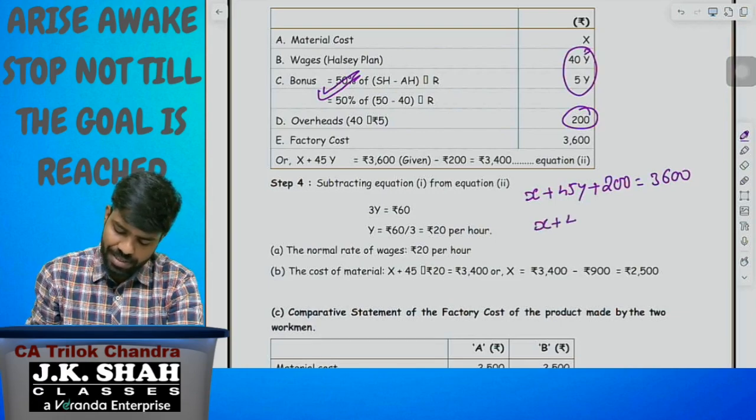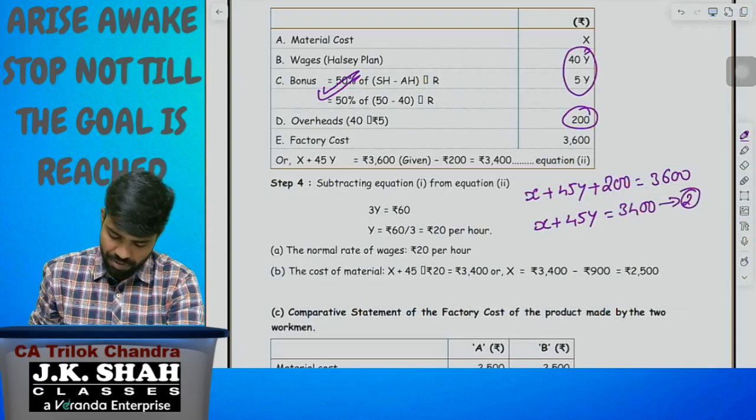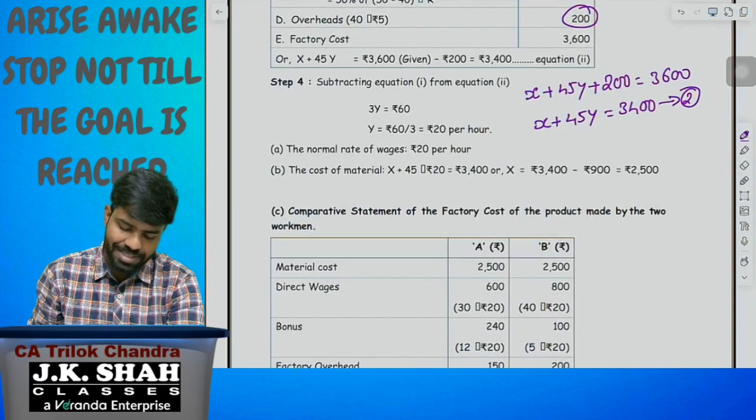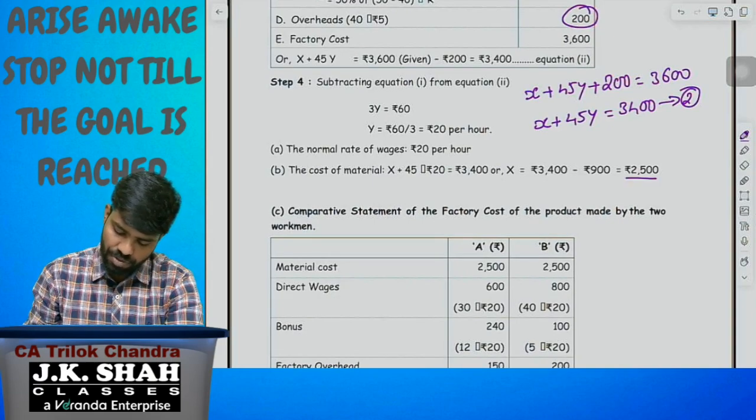Now we can rearrange these values: x plus 45y equals 3,400. This is equation number 2. If you solve these equations, we get x, the cost of material, as 2,500 and y as 20 rupees.